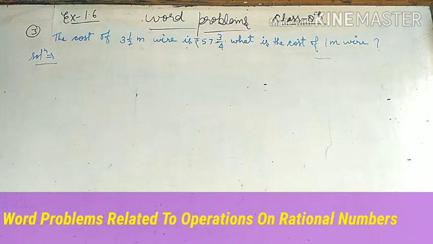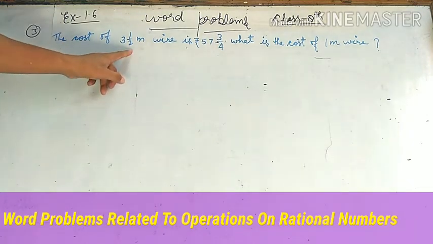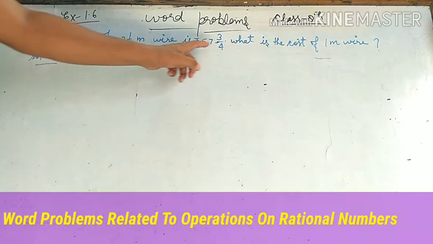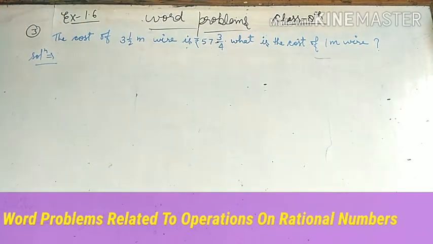The next question is, the cost of 3 complete 1 upon 2 meter wire is 57 complete 3 upon 4. So what is the cost of 1 meter wire? Understand? You can see now the question is changed.